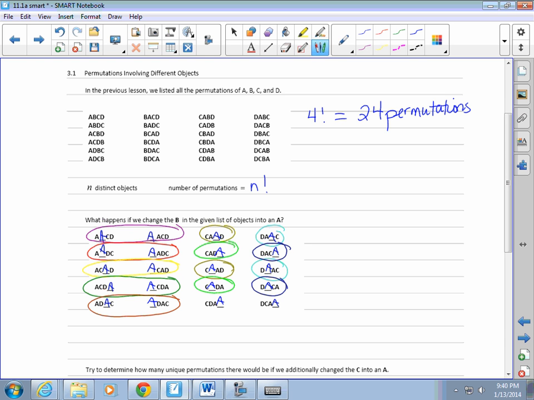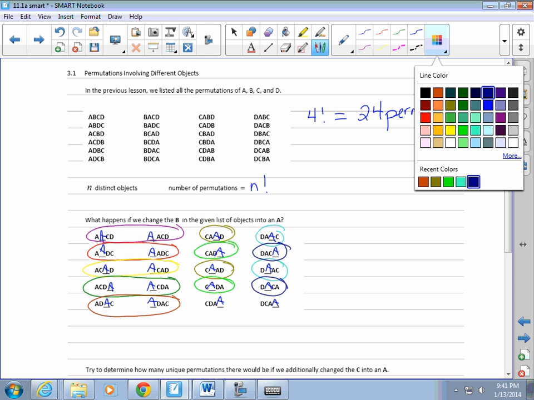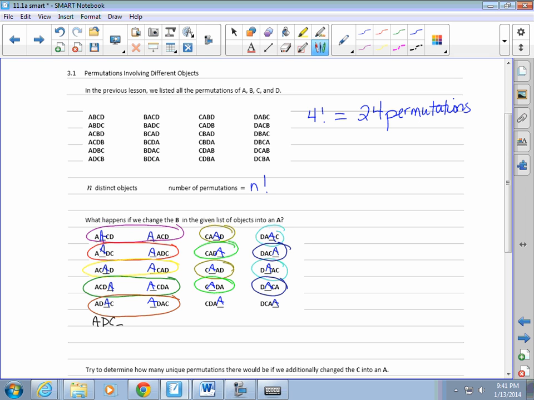This one here must have been cut off. This one should have been ADC blank A, this one CD blank A, and this one DC blank A. So this one should have been an A, and A. It just got cut off there. Sorry about that.